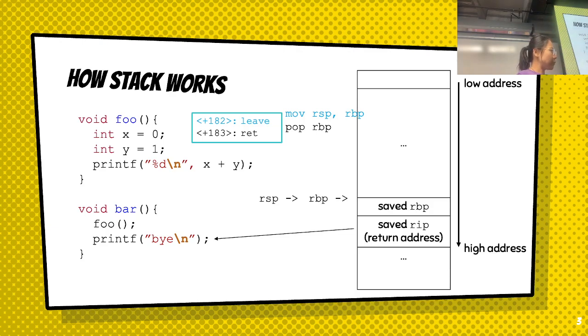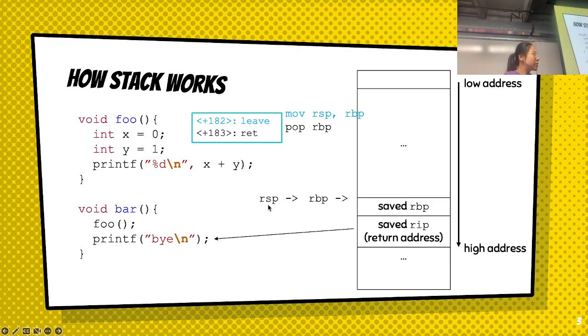So that's exactly what pop RBP does. And also because you shift the stack, because you pop the bottom of the stack, RSP, which is the register that always points to the bottom of the stack, has its value changed too, okay?